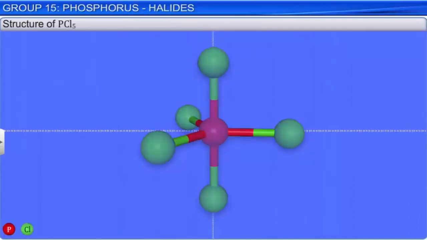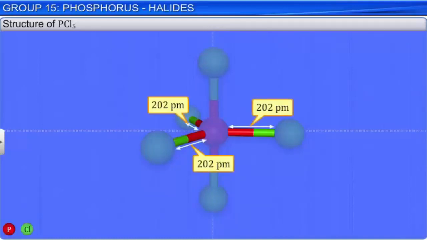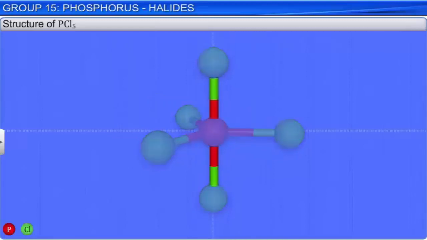Also note that the 3 equatorial P-Cl bonds are equivalent with bond lengths of 202 picometers, while the 2 axial P-Cl bonds are longer than equatorial bonds with bond lengths of 240 picometers.